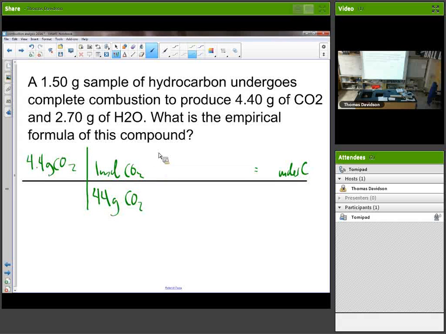Now, I'm going to put another vertical line right here. We're setting up our fence. All right? So I got rid of grams of CO2. But am I at moles of C yet? No, it's really easy. I put mole CO2 on the bottom.